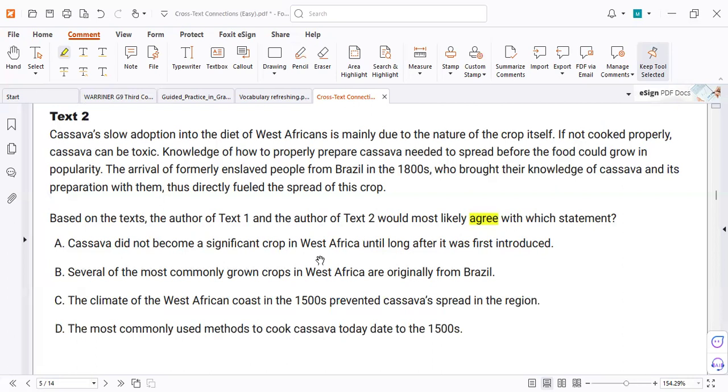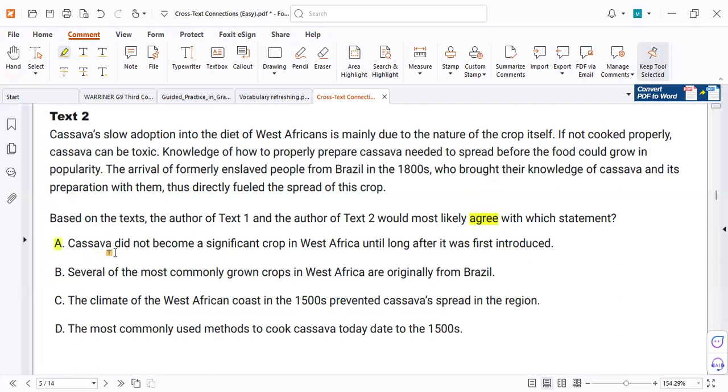The answer is C. Letter C, I don't think so. Why? Because it must be letter D. Letter A. Let's know why.